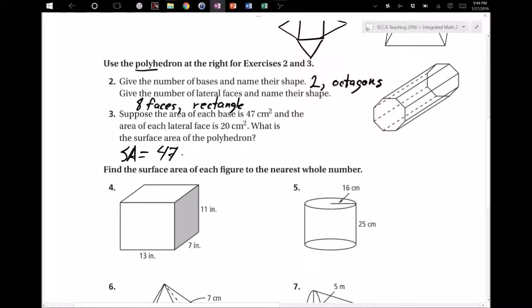And how many bases were there? There were 2. And what is the area of each lateral face? It was 20 centimeters squared, and there were 8 faces. So we're going to multiply that out, and what we end up getting is 254 centimeters squared.